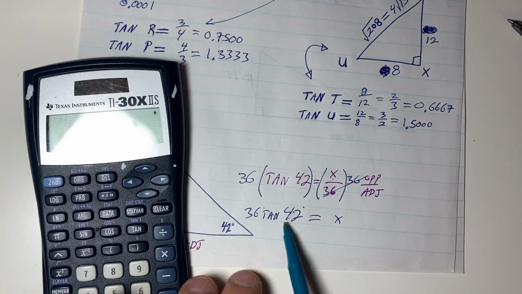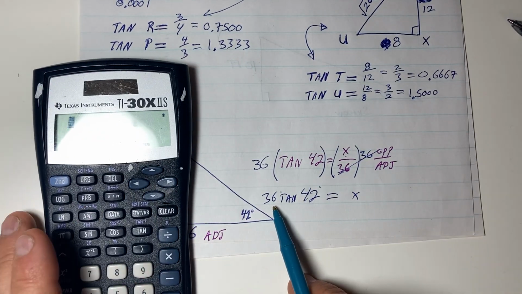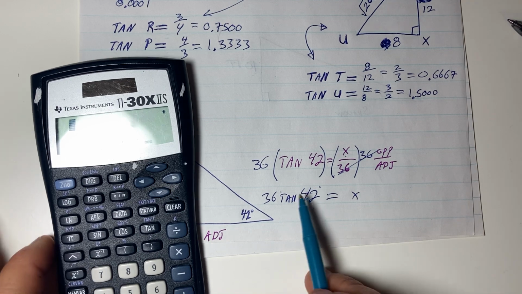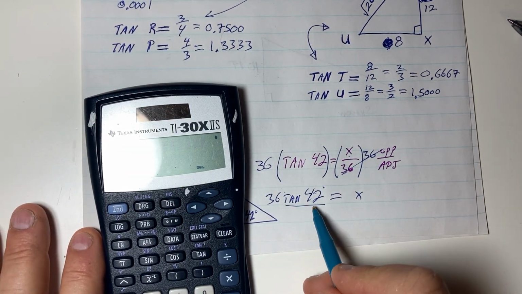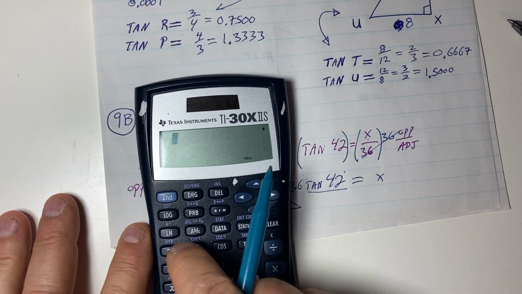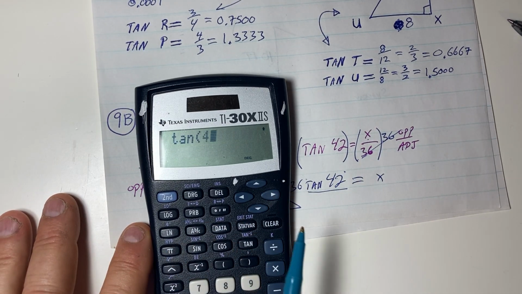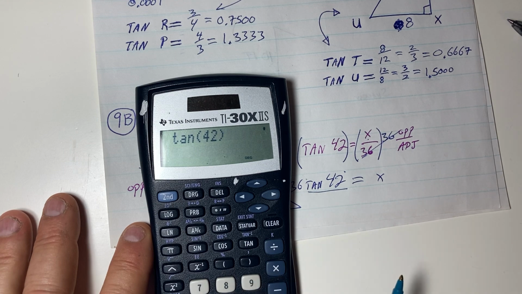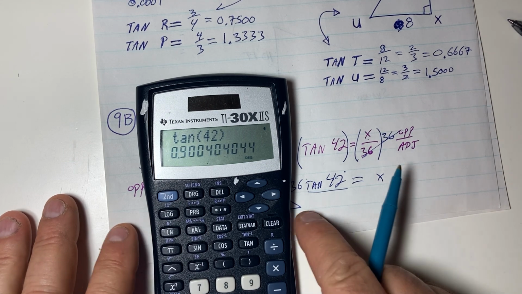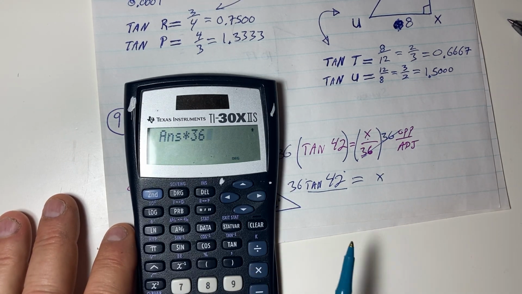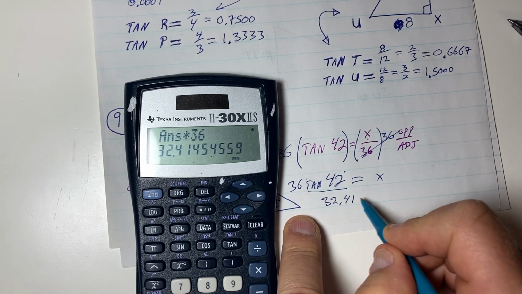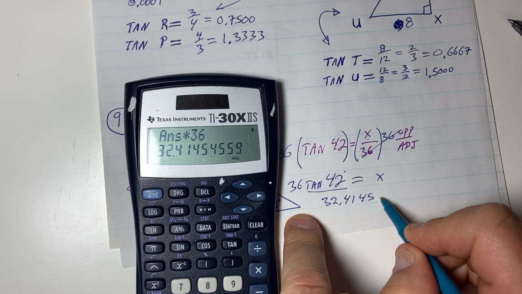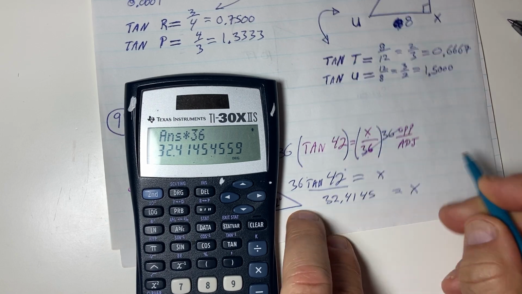Now I'm going to use this. So 36 times tangent of 42. For this specific calculator, I'm going to do tangent of 42 first, equals. Then I'm going to multiply it by 36 to get my answer. 32.4145 equals x.